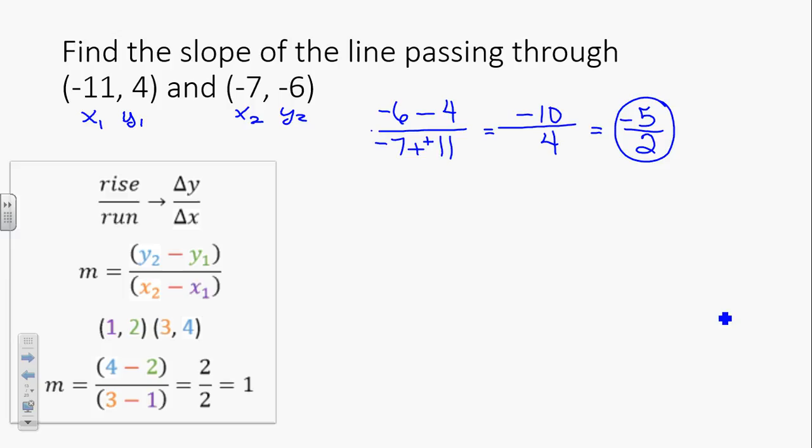Number 2 said we have negative 10, negative 2, and we have the point 14, 3. Okay, so decide which is your first x and y.